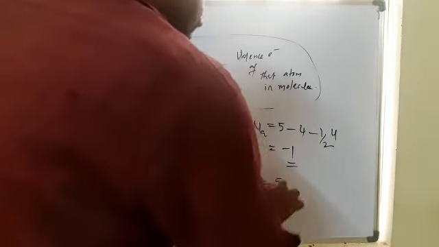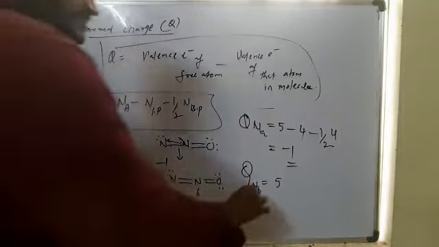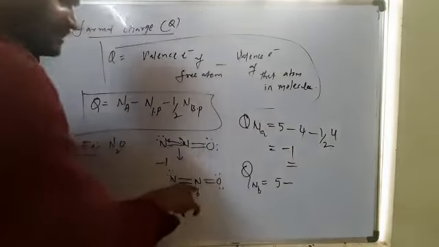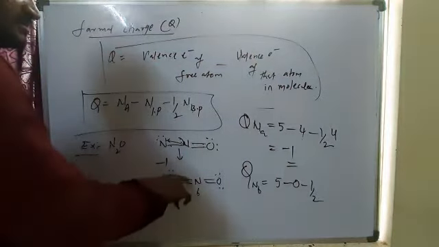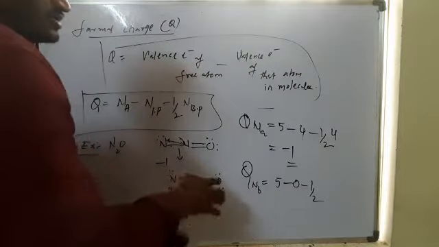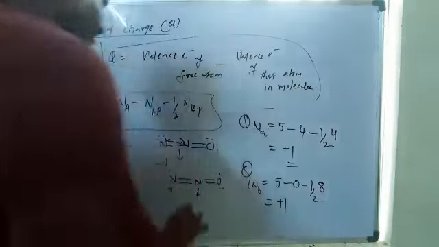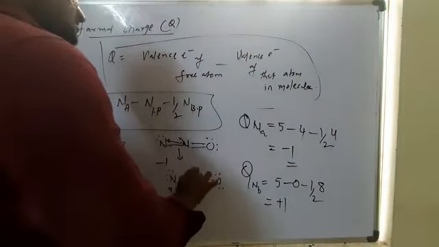Similarly, the formal charge on nitrogen B: the number of electrons in free state is 5, minus number of electrons in lone pairs, there is no lone pair, so 0, minus half into number of electrons in bond pairs. On both sides there are 4 bonds, each bond carries 2 electrons, so 8 electrons. If you simplify this, you will get plus 1. So the formal charge on nitrogen B is plus 1.